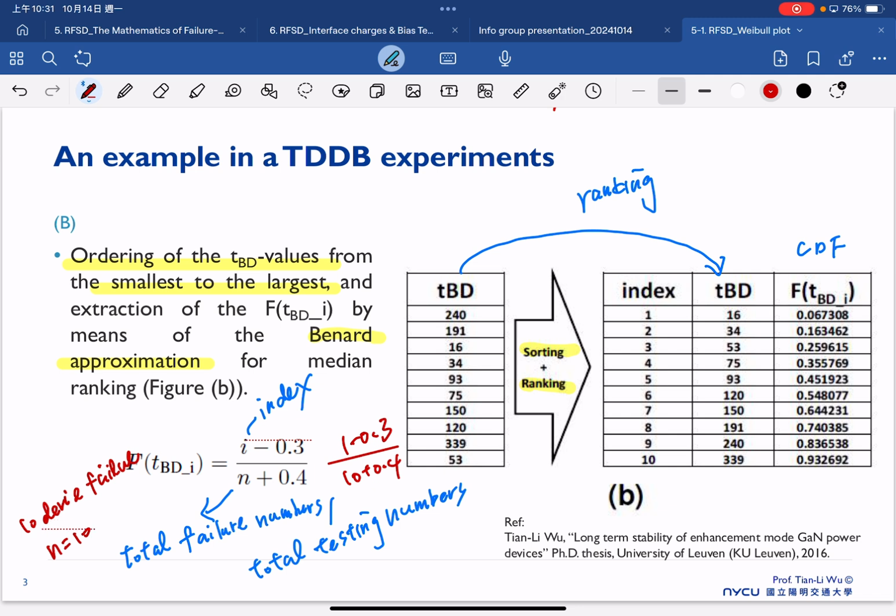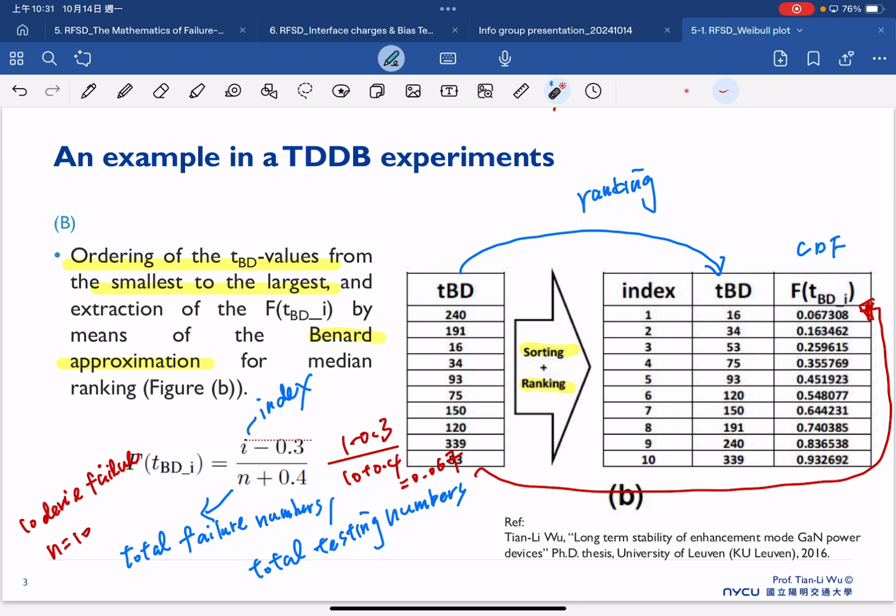Then the first value will be equal to 0.067. So this is this one. Therefore, we can calculate all these CDFs one by one from here down to the end here.